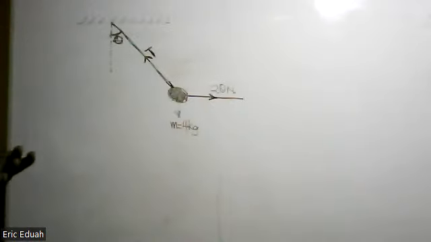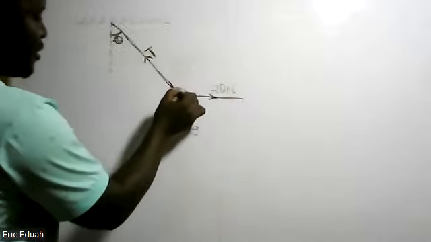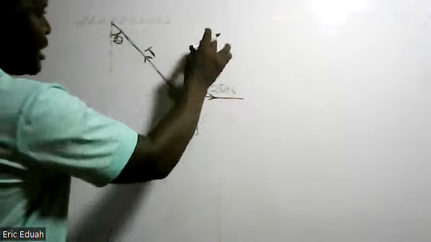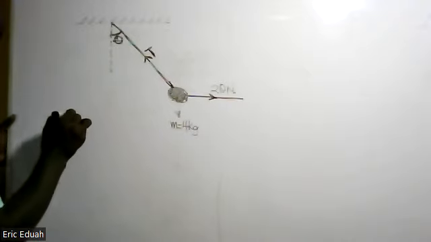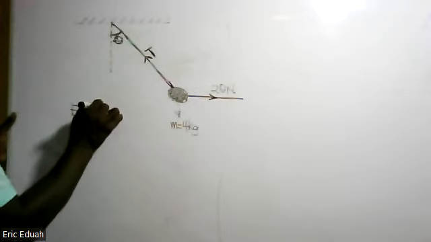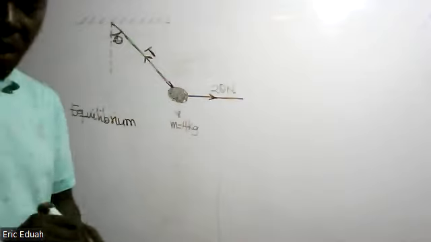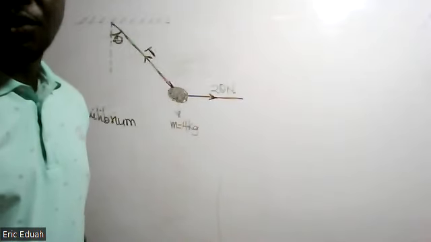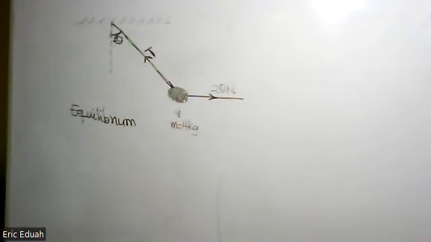We are told from the question that it was pulled till equilibrium is attained. Equilibrium is attained. So it means it was pulled till the net force acting on the body from all angles is equal to 0.